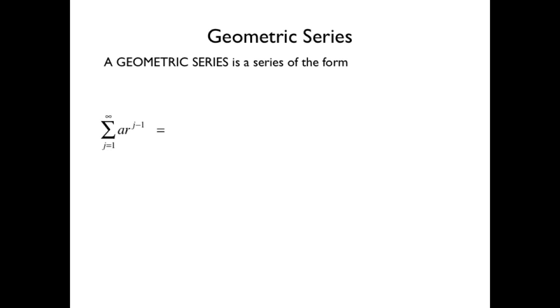Alex, when you see that, you think what? Kind of like a polynomial added up. So a, ar squared, added up. You got it. So a plus ar plus ar squared plus ar cubed plus ar to the 4th, etc.